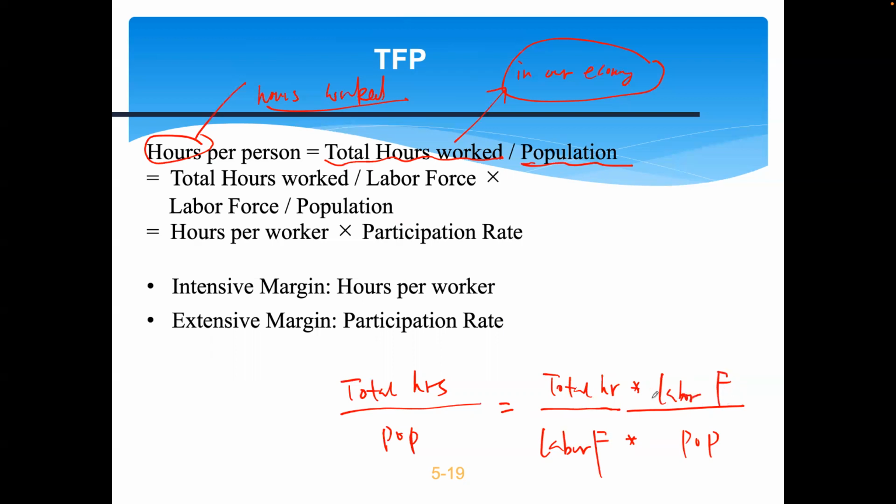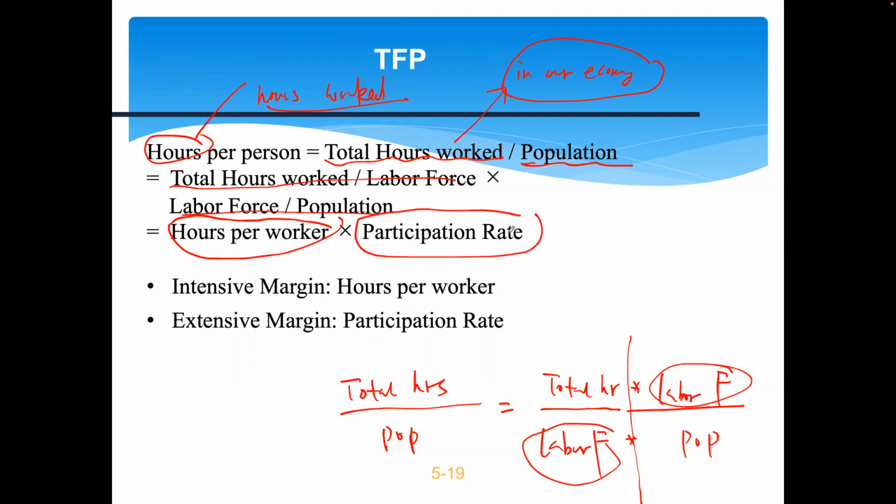We multiply labor force in the numerator and the denominator at the same time. So this must hold, right? But if we just look at these separately, total hours divided by labor force, divided by population, that's what we're going to get. We are going to get hours per worker times participation rate.